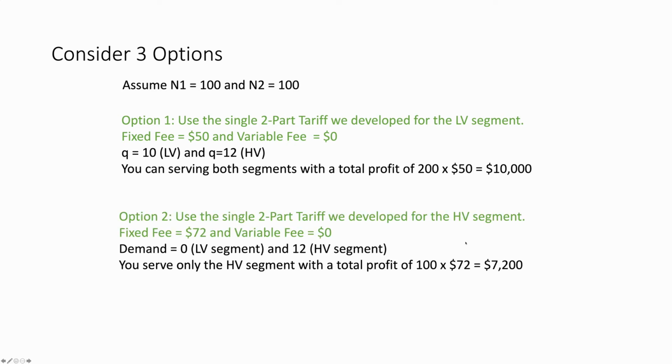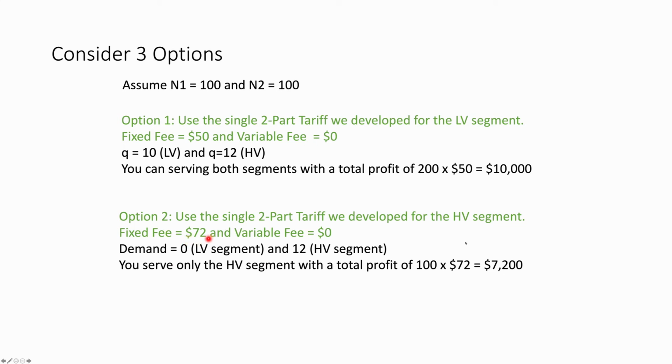The second option is to use the single two-part tariff we developed for the high-value segment, where we use a fixed fee of $72 and a variable fee of 0. Here, the low-value segment actually drops out of the market because this fixed fee is too high for them. They are only willing to pay $50 max.